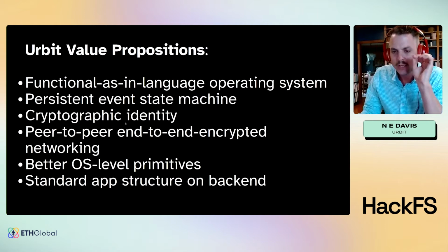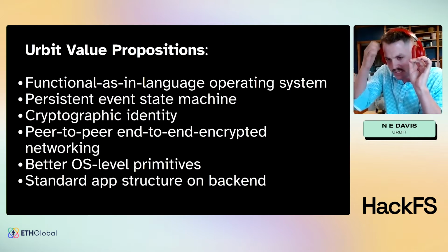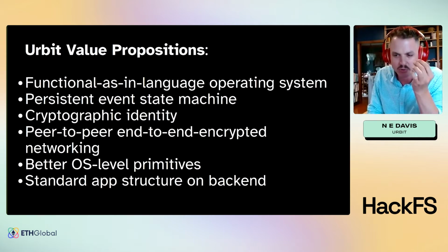So as we look at Urbit as a system, I'm going to enumerate a little bit of what Urbit does for you and try and give you a feel for what it is. It sometimes gets described as a personal server, which means something, and I think it's a correct way to say it, but I think a lot of people miss exactly what's trying to be communicated by that.